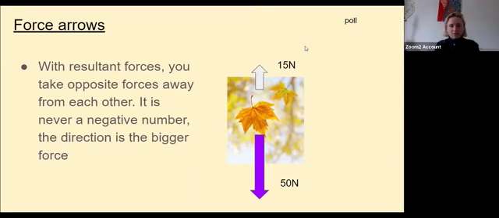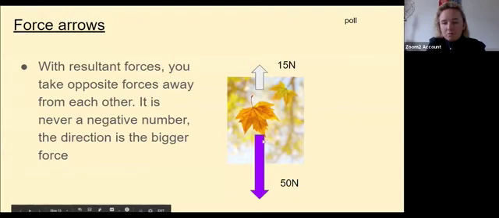Wonderful. So 73% of you have got that answer correct, which is absolutely fantastic. The answer is 35 newtons down. Really well done. We work that out by taking away 15 from 50, so we're left with 35 newtons, and that will be in the downwards direction because that was the bigger force.